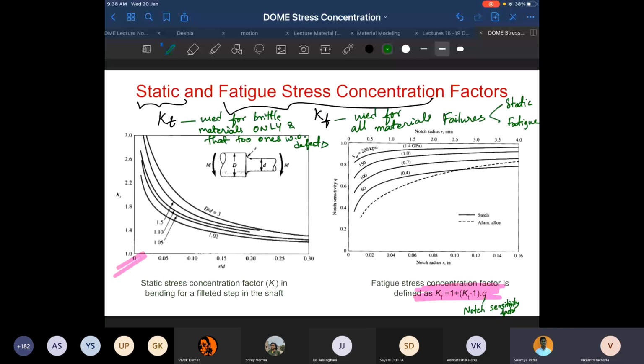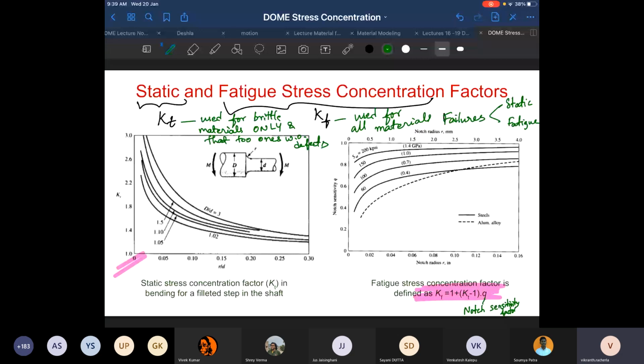Can you repeat the cause of static stress concentration? See, you have features like fillets, holes, slots, threading. You have all these kinds of features on machine elements.